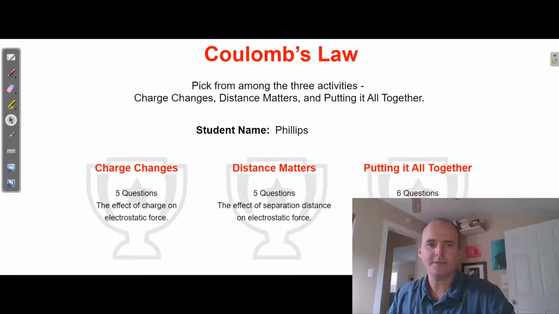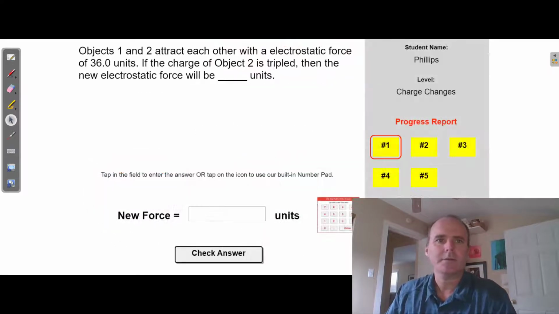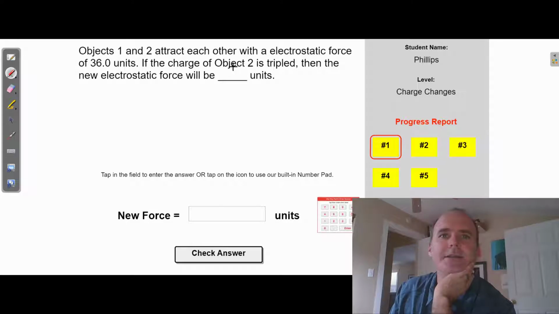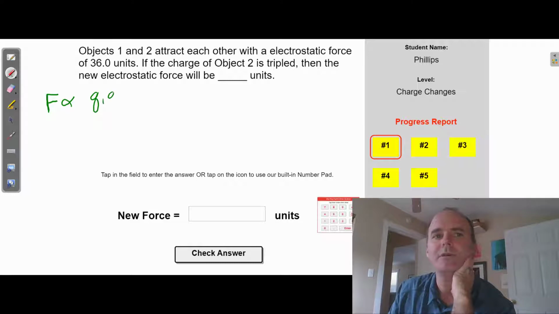On the apprentice level, it says object 1 and object 2 attract each other with an electrostatic force of 36 units. If the charge of object 2 is tripled, then the new electrostatic force will be what? Here we have to remember that force is proportional to the two charges, Q1 and Q2.